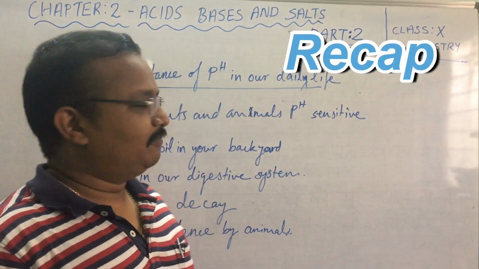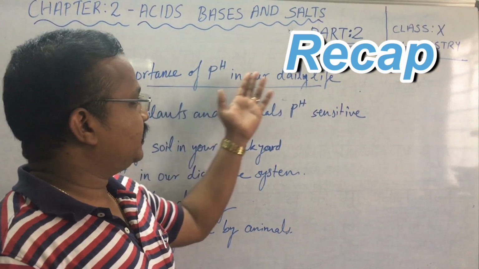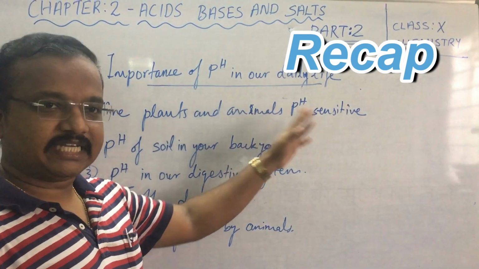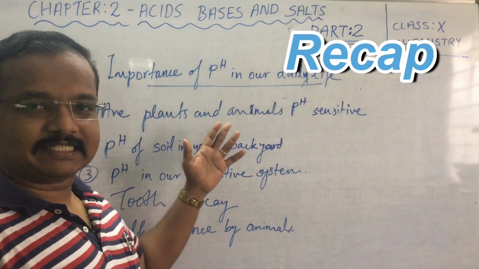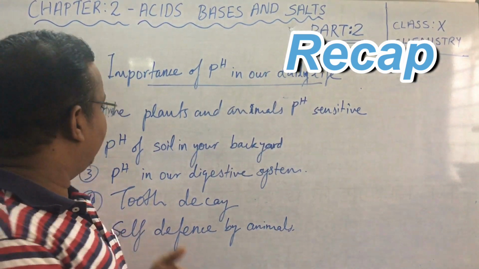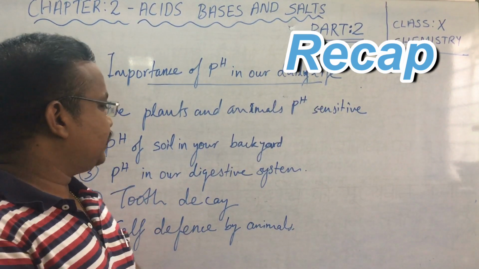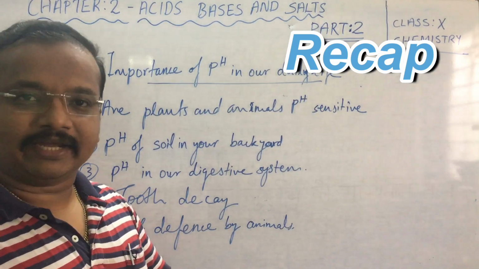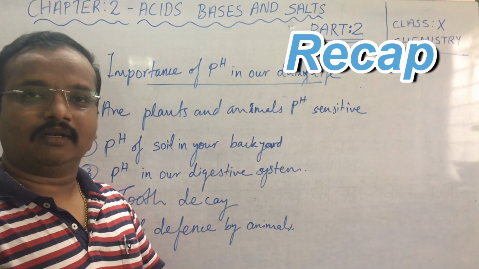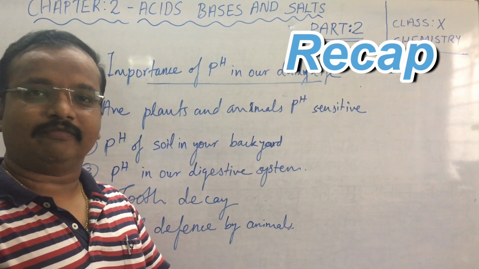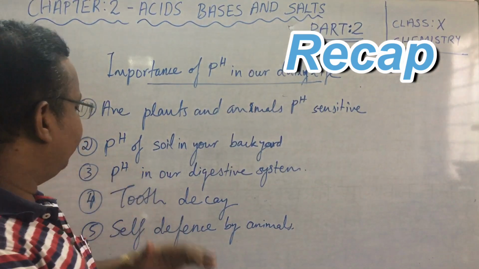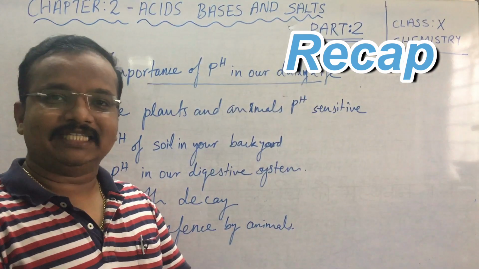So students, we have discussed the importance of pH in our daily life. First, are plants and animals pH sensitive, where we discussed that animals need a particular range of pH to survive. Second, we discussed the pH of soil in our backyard, where we need to check our soil pH so that we will be able to cultivate crops in a better way. Third, we discussed the pH in our digestive system.